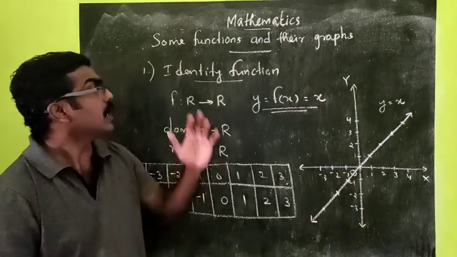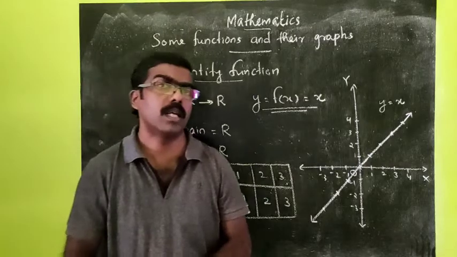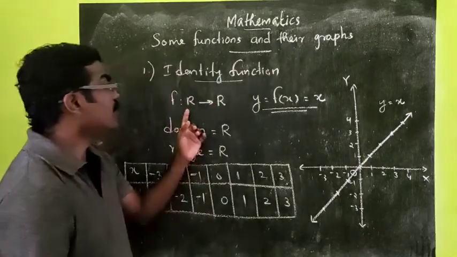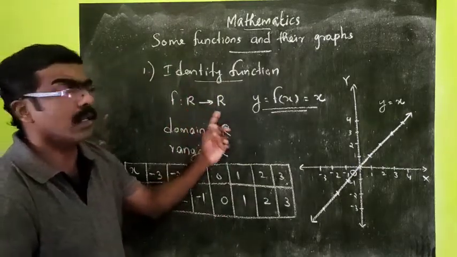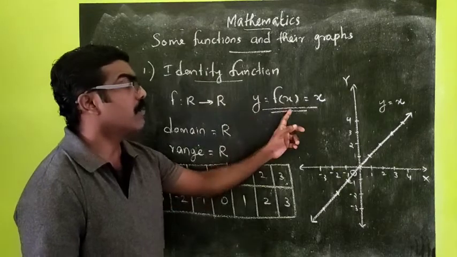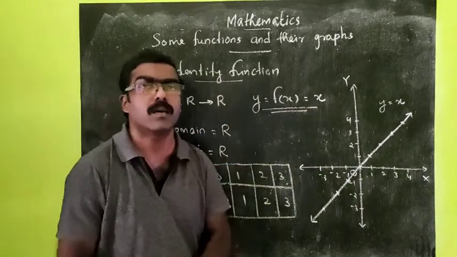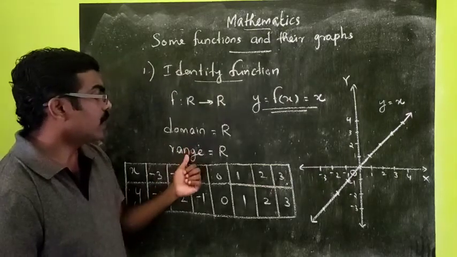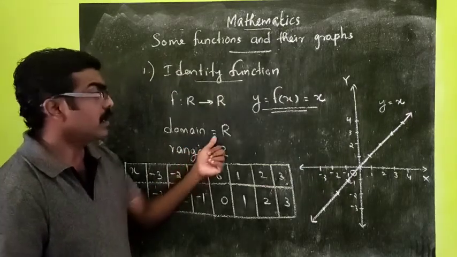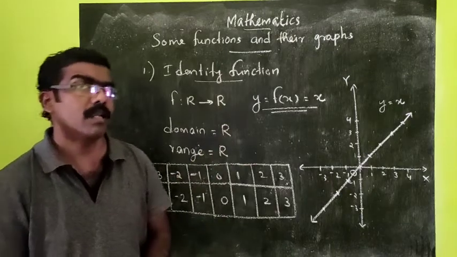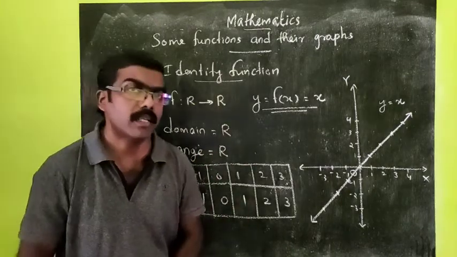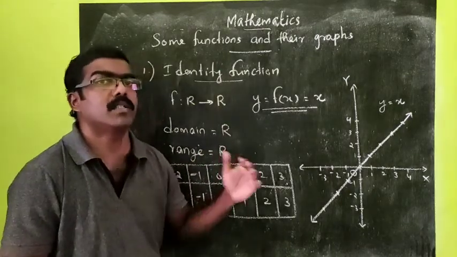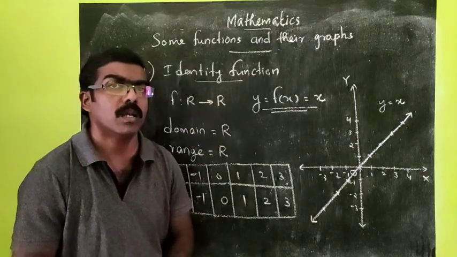I repeat, identity function, a real function f from R to R given by y is equal to f of x equal to x is called what? Identity function. The domain and the range of the identity function is capital R, that means the set of all real numbers, and the graph of identity function is a straight line which passes through the origin. Okay.